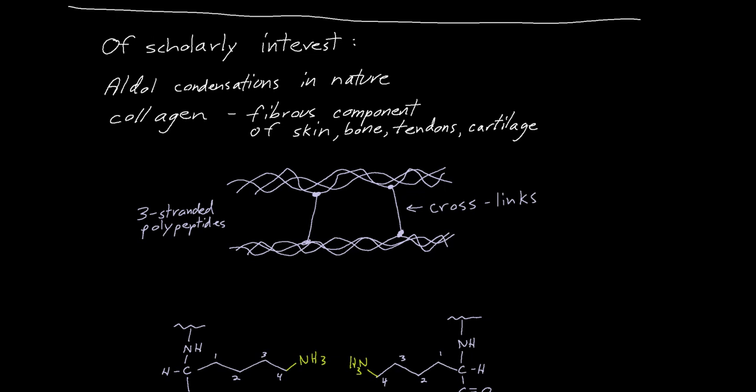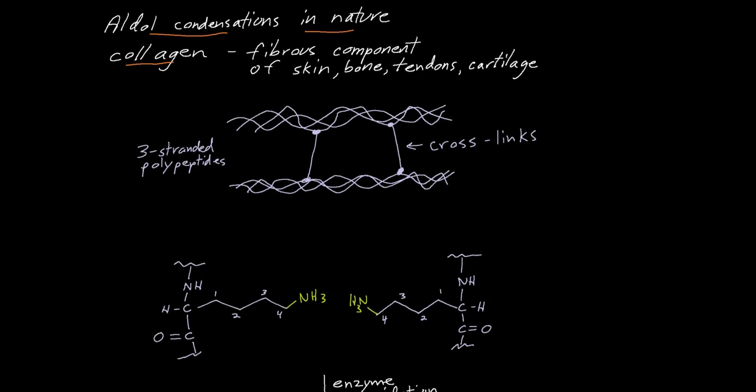So Aldol condensations actually take place in nature, believe it or not. And we're looking at collagen, which is a fibrous component of skin, bone, tendons, cartilage. There's probably over 20 different types of collagen, but they all basically are composed of 3-stranded polypeptides.